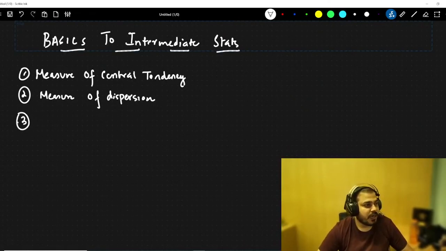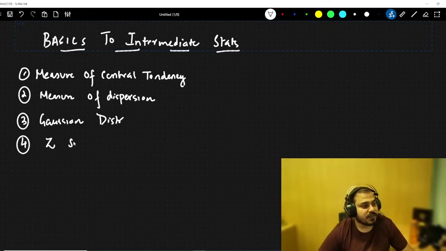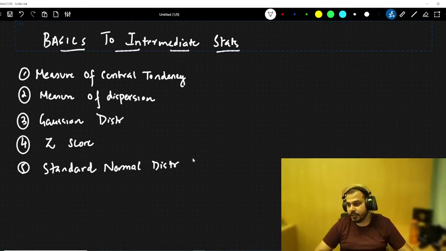Then we'll start with Gaussian distribution. Fourth, we are going to understand Z-score. Then we will understand standard normal distribution, and there are some more topics that we really need to cover.